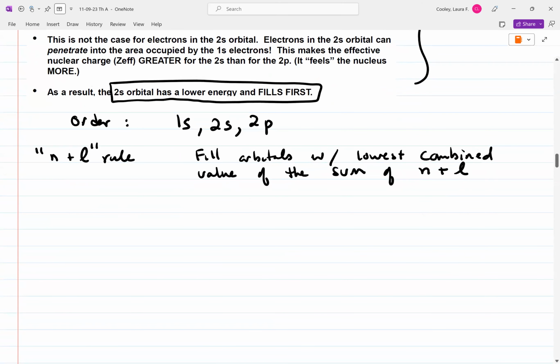So if you want to know which fills first, just add up N plus L and figure it out. Or there's an even better way, which I'm going to show you, which is to make this kind of funny chart. You start with 1s and you write all the s orbitals going down.